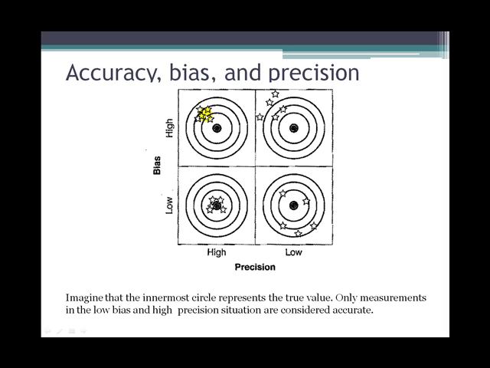To talk about the bias, we can say how much bias there is by measuring where it is centered and how far that is from the true center. The distance from the center here to here is called the bias. Here is also bias, because the center is here, and the distance from here to here is the bias. And then also the precision, which is the variation, and the standard deviation could be a measure of the precision.